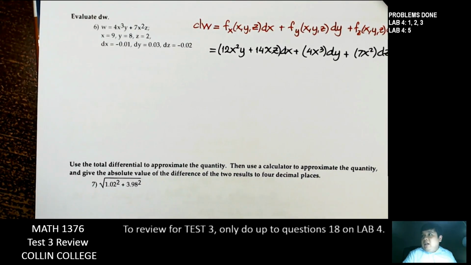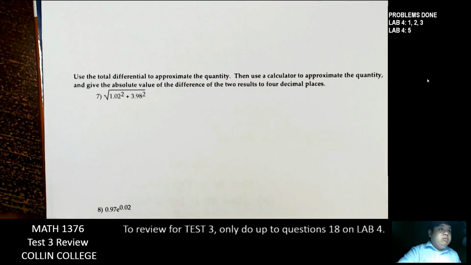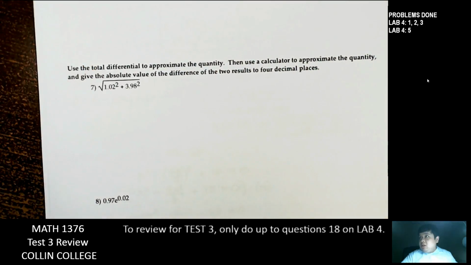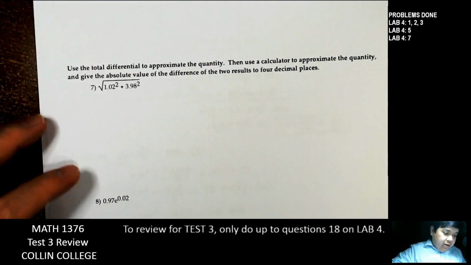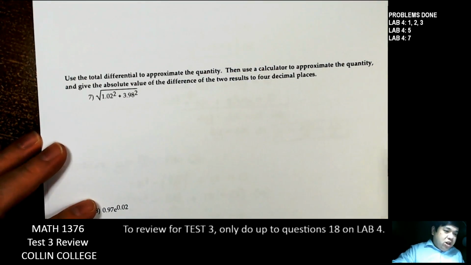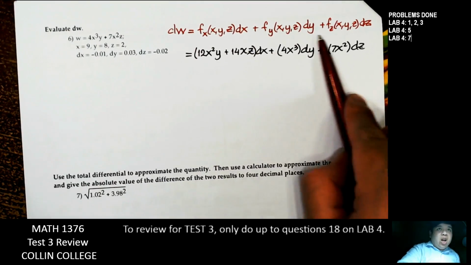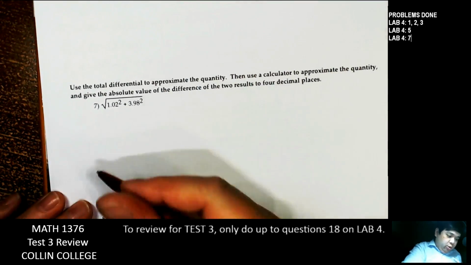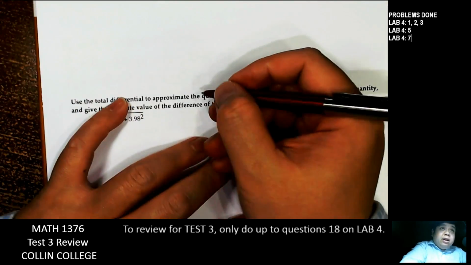Next is the linear approximation. So we have something like this. Right. Let's look at 7. So linear approximation, the formula very close to that. We will have put it right here.